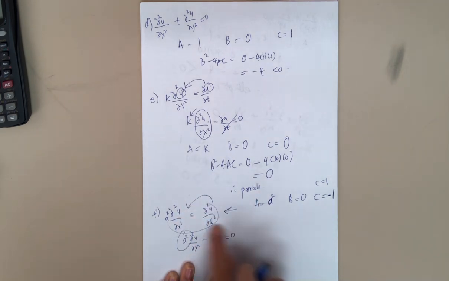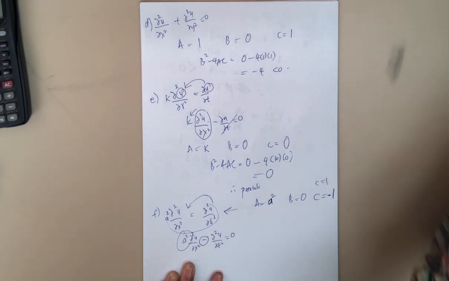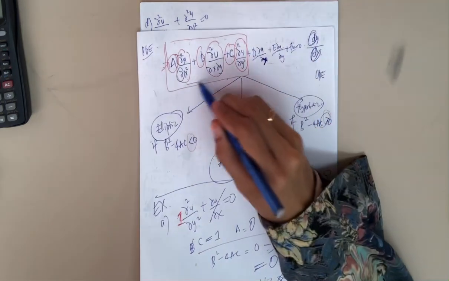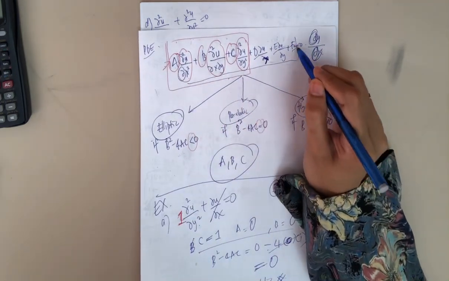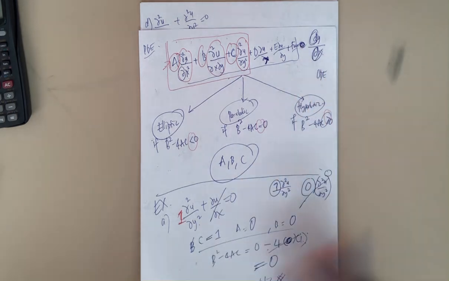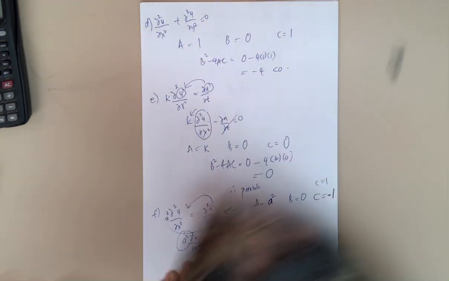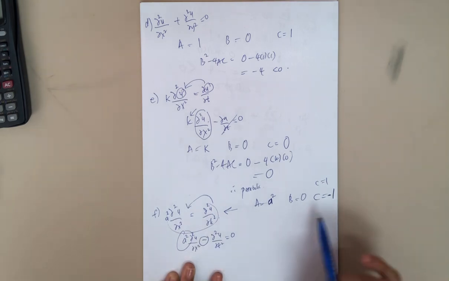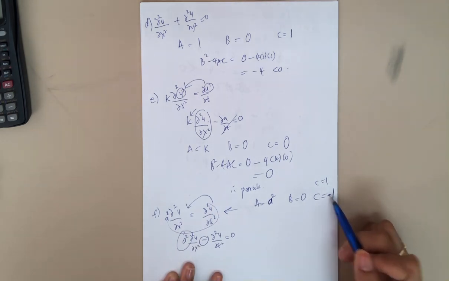But when you change it, it will be negative, class. Why do we need to move? Because the general equation here is on the left hand side, and this equation is equal to 0. So everything must be moved to the left hand side first, then you find A, B, C. So your C is -1.